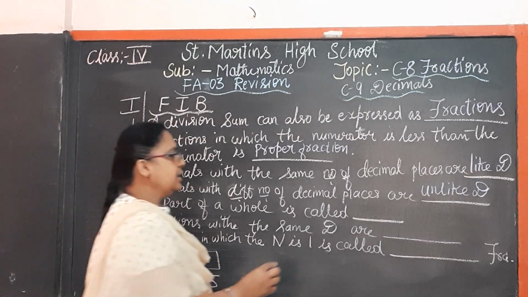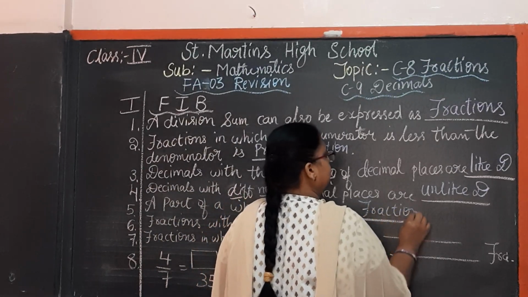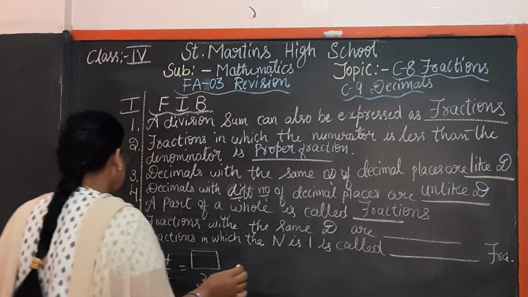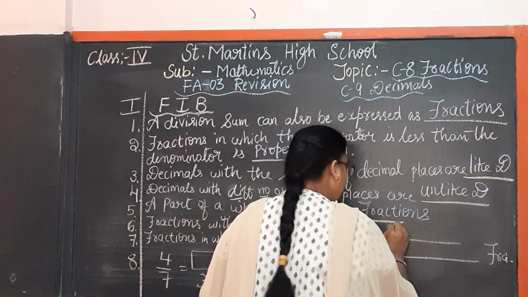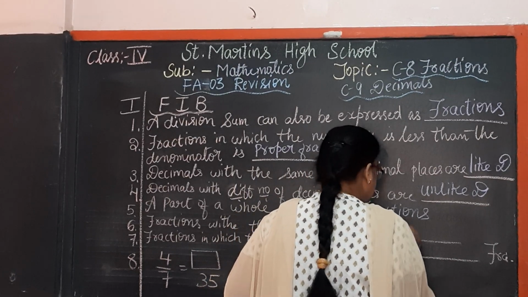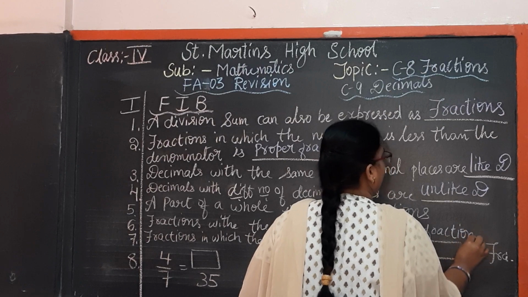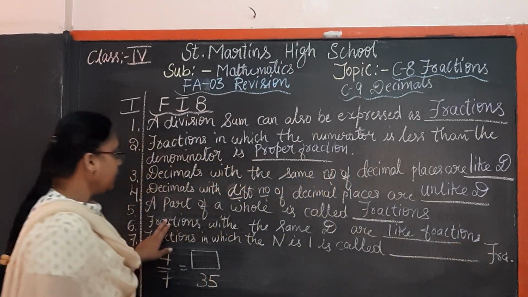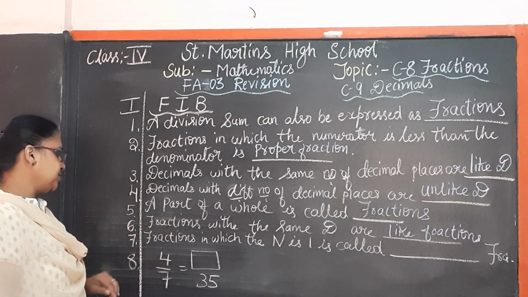It is called a fraction. And next, fractions with the same denominator are called like fractions. When the numbers are the same in the denominator, that we call like fractions.